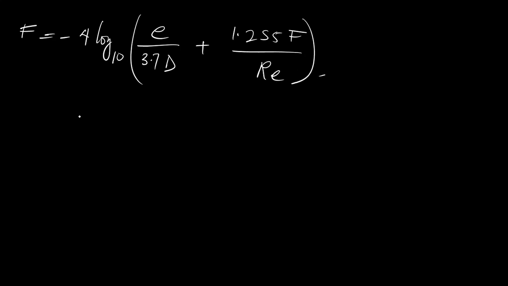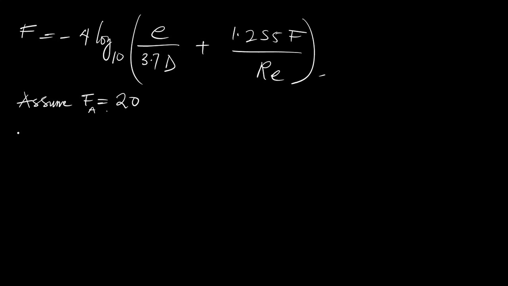So now for us to solve this, let's assume F is equal to 20. So the assumed value is F subscript A, which is equal to 20.